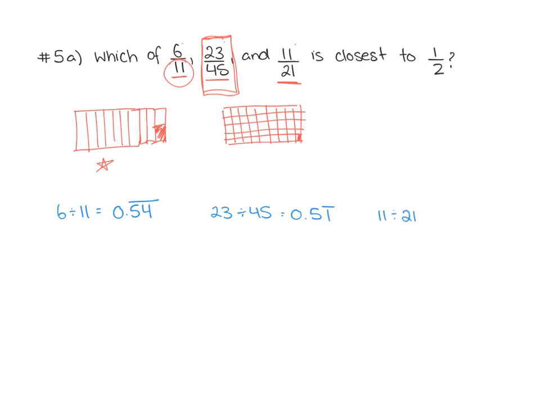If you were to put 11 divided by 21, you would get 0.52380952, and it's going to keep going. So if we look at these, which one is the closest to 0.5, which is what half equals? It would be 23 out of 45. So once again, this is our closest fraction.